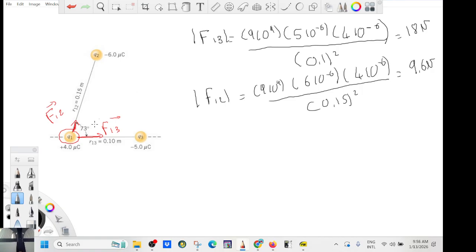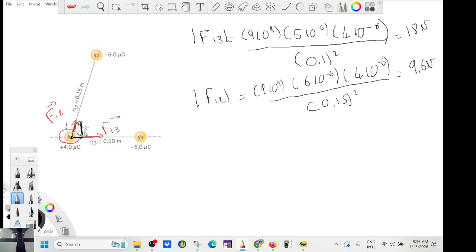And then we need to take care of the components. So for 1, 3, it's just an X component. We don't have to worry about it. And then you see here F12, we have to be careful to make sure the component is positive or negative. You go from the tail to the head. So you go this way, that will be the X component, and you go up, that will be the Y component.